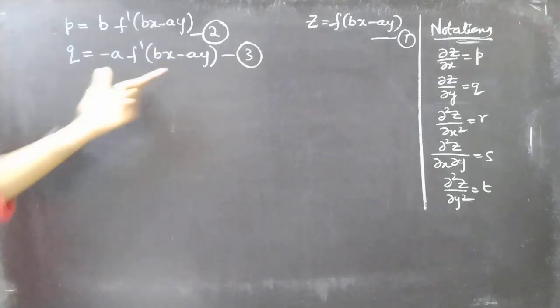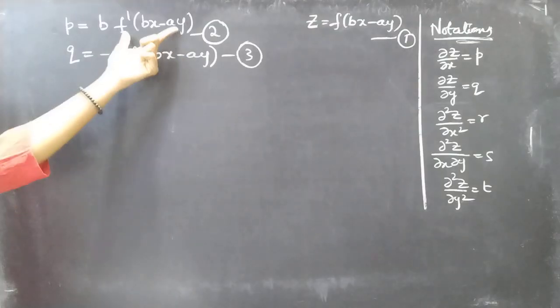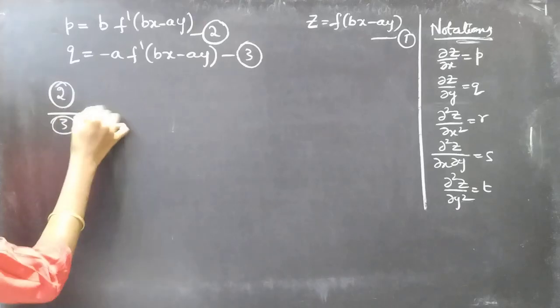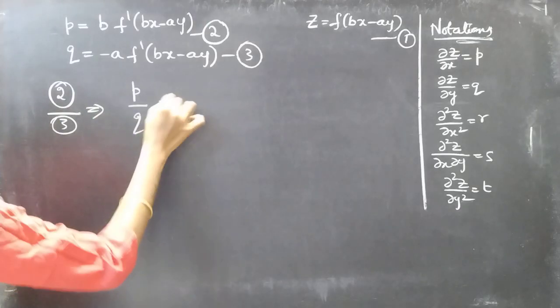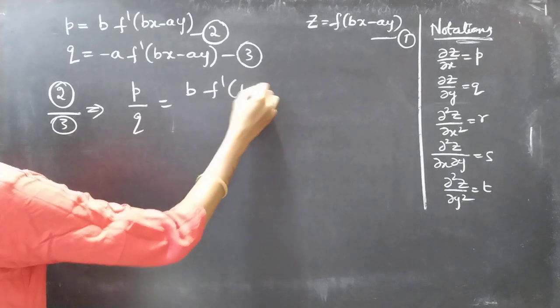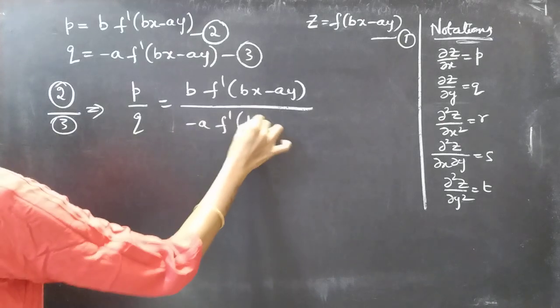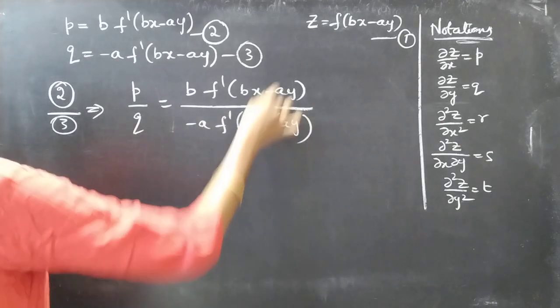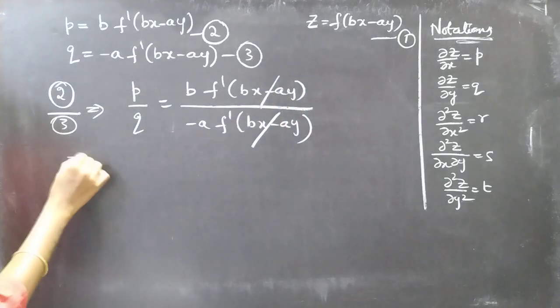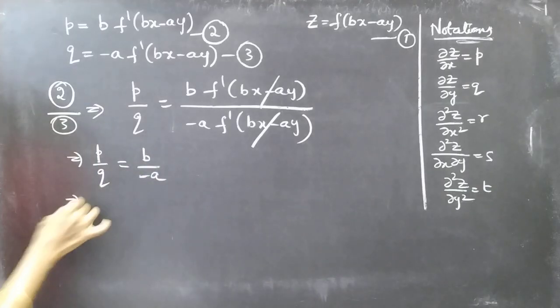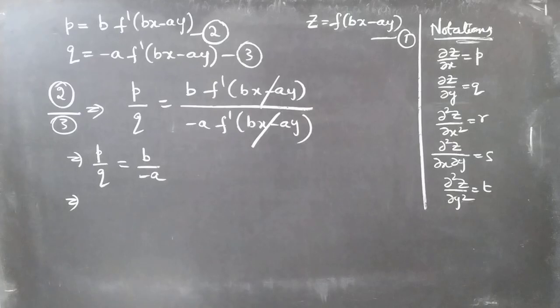Now we'll eliminate f dash of bx minus ay from 2 and 3 just by doing 2 by 3. p by q equal to b into f dash of bx minus ay by minus a into f dash of bx minus ay, where f dash of bx minus ay gets cancelled and we'll get p by q equal to b by minus a. Or you can write this as p by q equal to minus b by a, whatever.